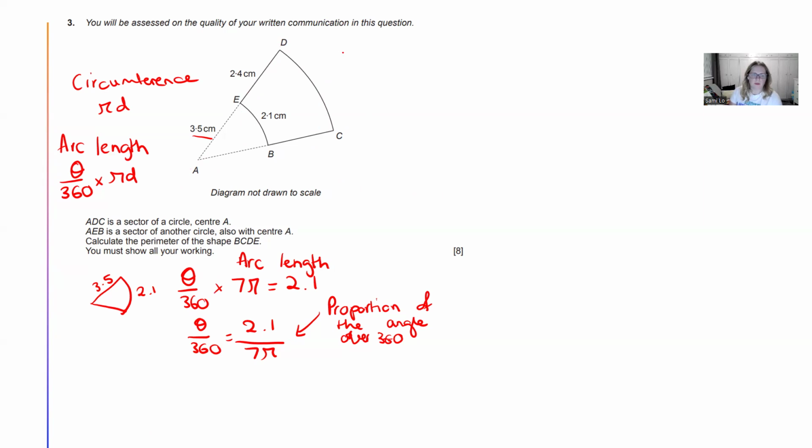So this time we need to find the radius of AD. Now I'm very conscious here because I haven't got much space to write in. I'm probably not giving a really clear working out for the communication marks, but you can still see that I'm writing down what I'm doing as I'm going.